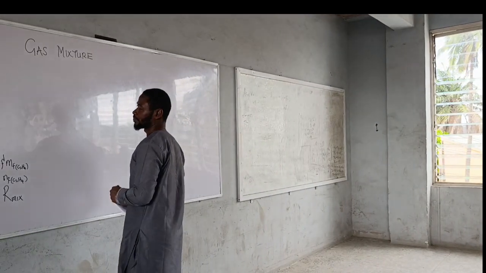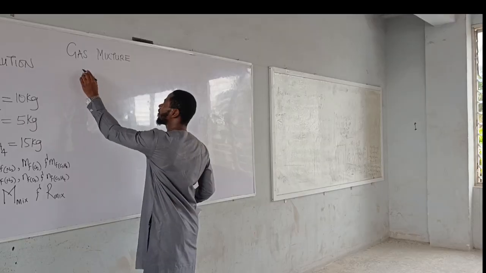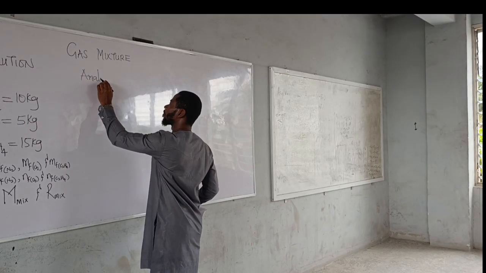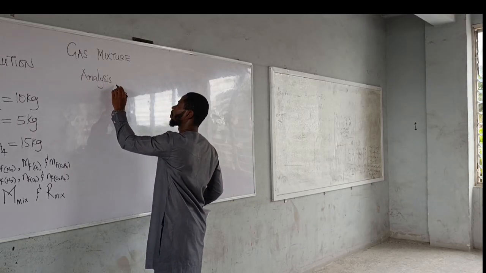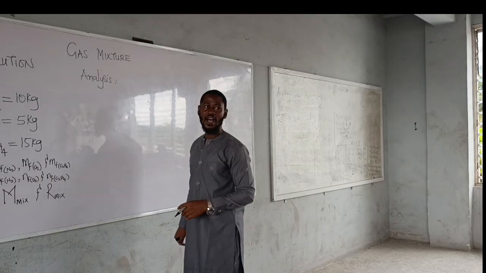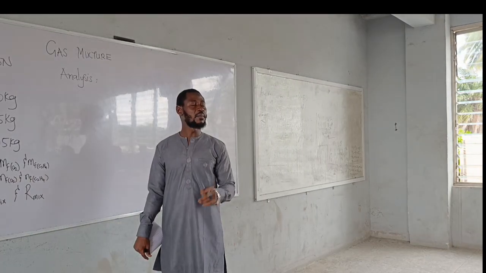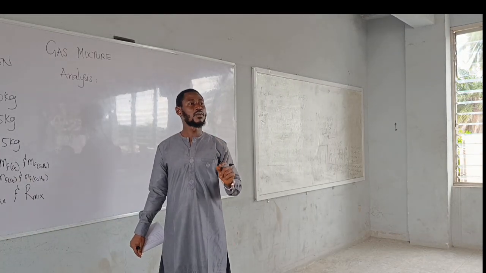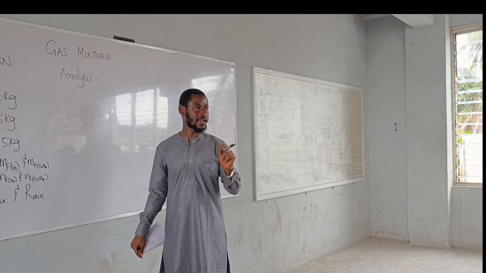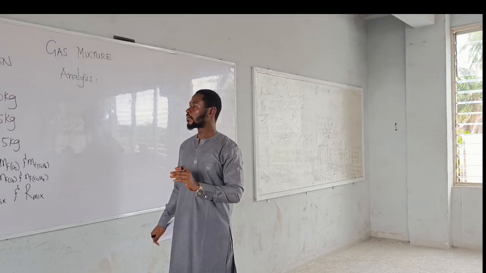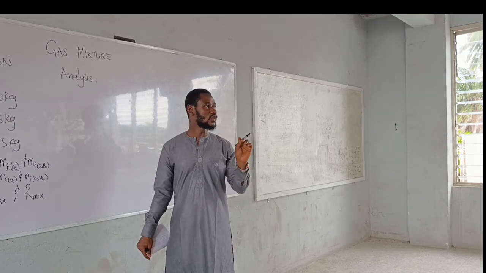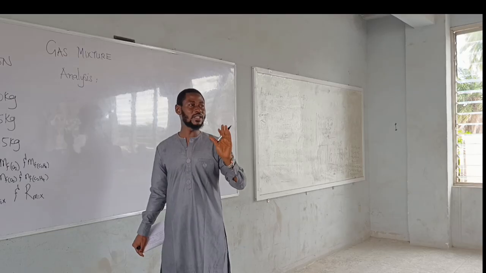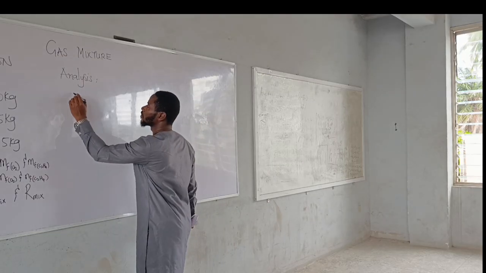Next, we start solving. Analysis. The first thing we are asked to determine is the mass fraction of each of the constituent gases in the mixture. First, we have to determine the total mass of the mixture.